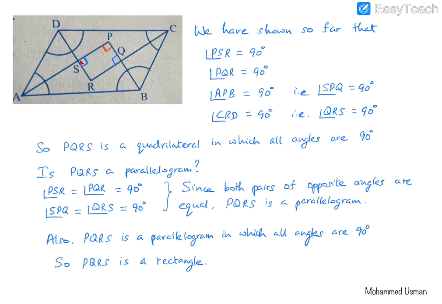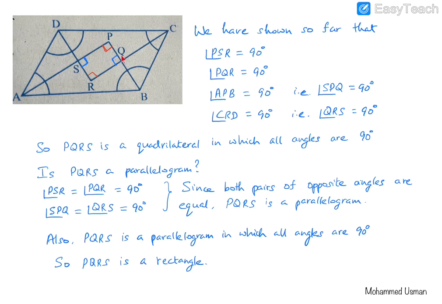So APB is 90 degrees, that is SPQ is also 90 degrees. And the fourth angle, CRD, which is this angle over here, is 90 degrees. And CRD, we can also write as the angle QRS, right? QRS is 90 degrees, okay? So we have found all the four angles of this quadrilateral PQRS, and we find that all the four angles are 90 degrees, that is, they are all right angles.